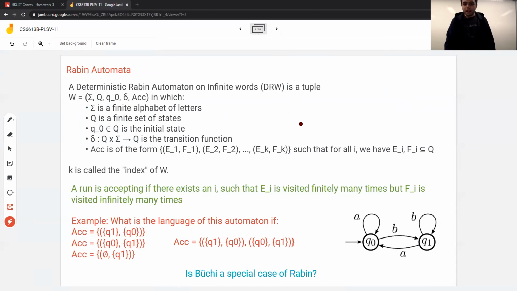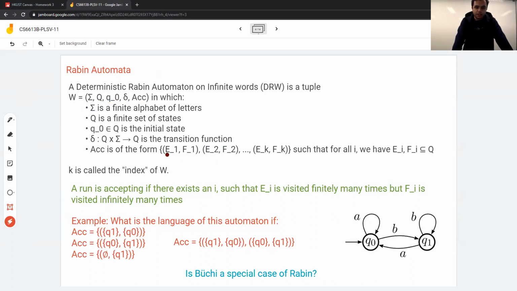Okay, so let's start with the definition. What is a Rabin automaton? A Rabin automaton is an automaton on infinite words. So it has all the parts that you would expect, just like all the other automata that we have seen. The only difference is in the accepting condition. So I'm only going to define the Rabin accepting condition. In a Rabin automaton, the accepting condition is a bunch of pairs of sets of states.